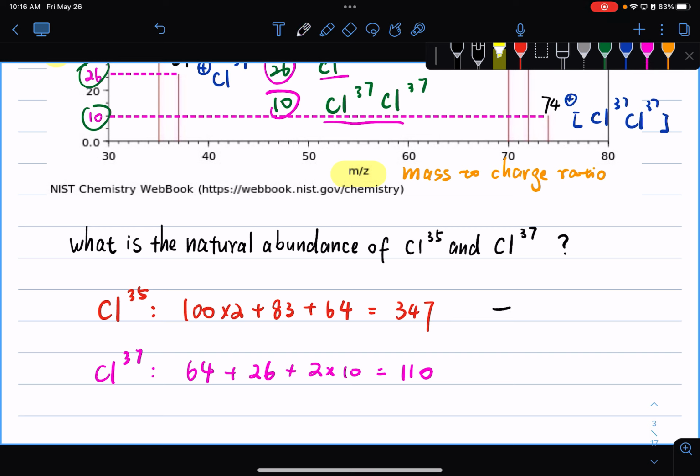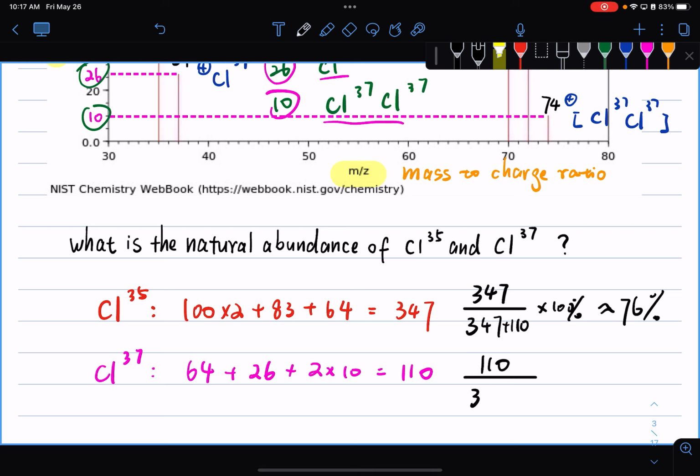And, well, that's 347 divided by 347 plus 110 times 100%. So this will give you about 76%. And on the bottom, you can do the same calculation. It's 110 divided by 347 plus 110 times 100%. That gives you about 24%. All right, so the analysis of your mass spectrometry or mass spectrum can be a quantitative one. It tells you information about isotope as well.